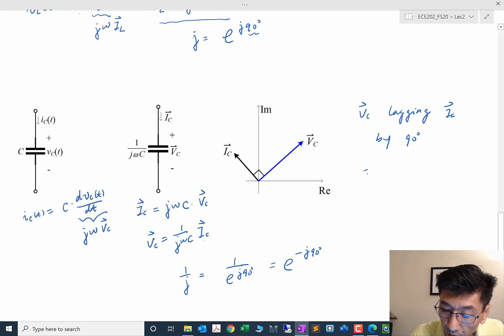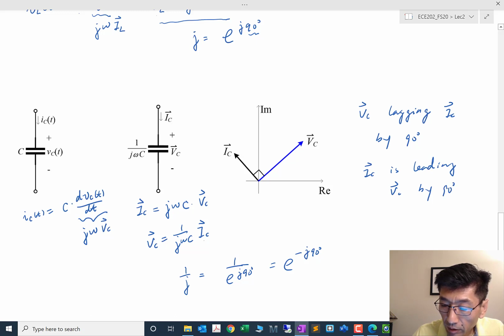Okay, so the lagging and leading concept is really important. That's going to flow into 320 for sure.